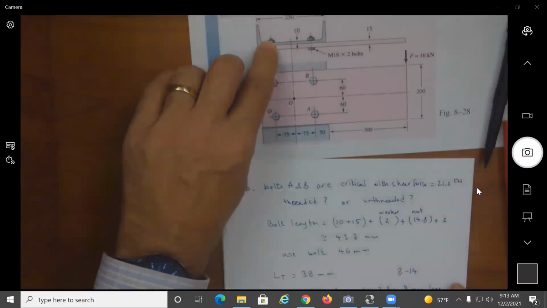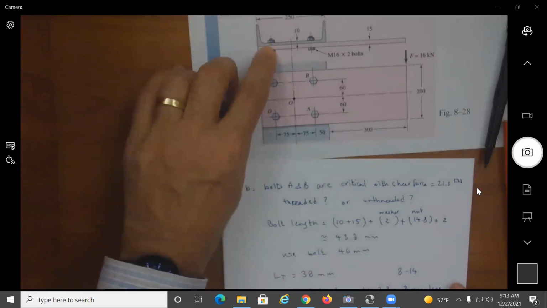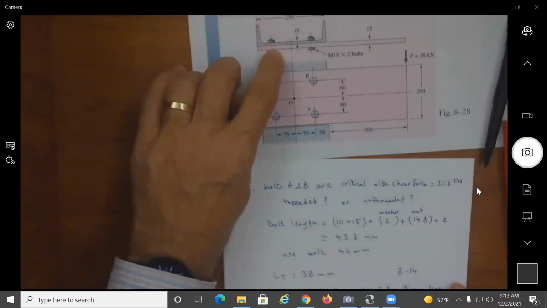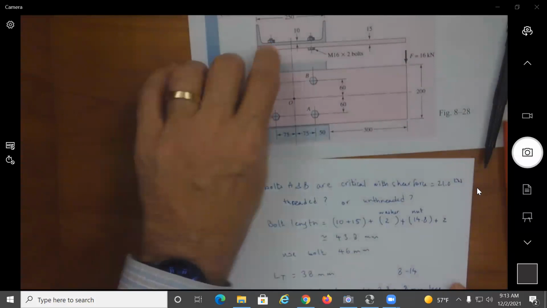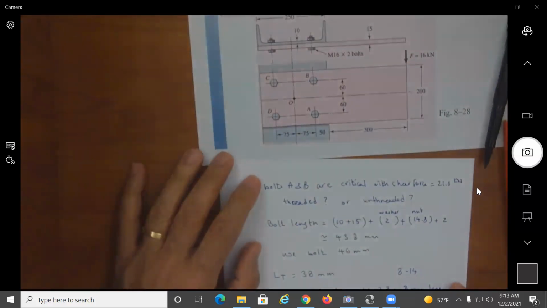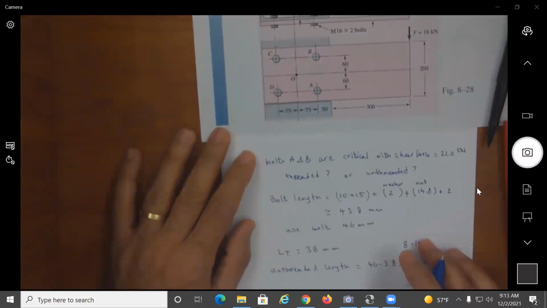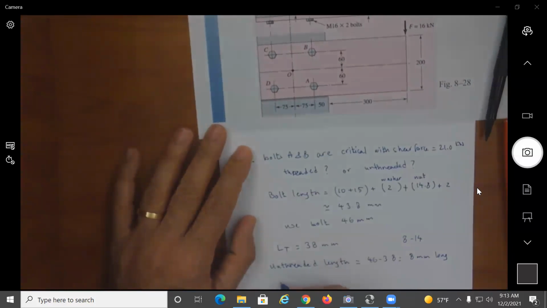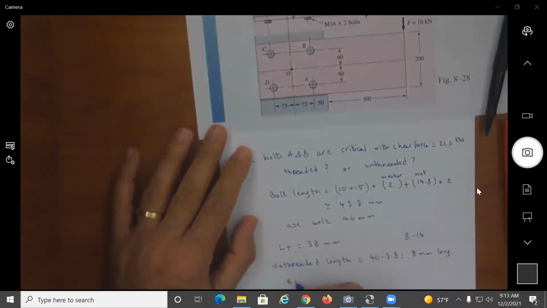So when you use that bolt, not even the unthreaded portion gets into the first 15 millimeter plate. So we can conclude that this 8 millimeter is less than the thickness of the bar, the 15 millimeter.